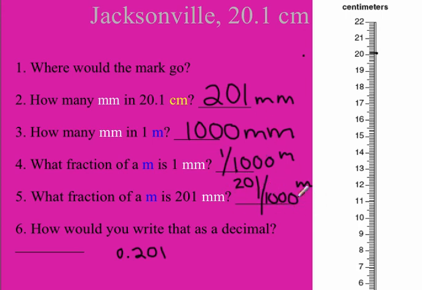That's also how you could say this fraction. Instead of saying 201 over 1,000, you can read it as 201 thousandths. It is a part of the whole, and the whole here is the thousandths. Same up here. Instead of reading 1 over 1,000, you could read 1 thousandth.